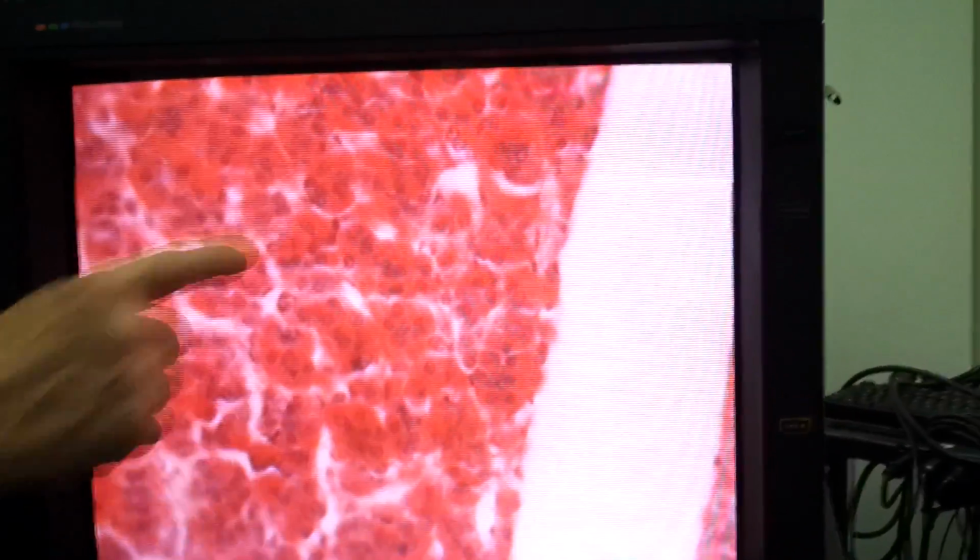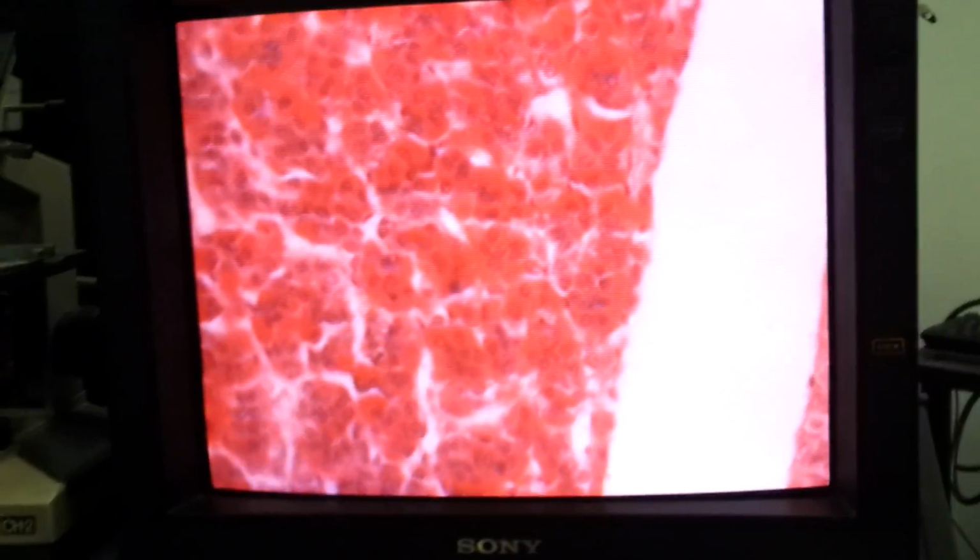Again, it's the stain that gives it away. You see this kind of stain, you know that these are acidophils, and they make growth hormone or prolactin. Basophils make gonadotropins, or TSH, and ACTH is made by chromophobes.